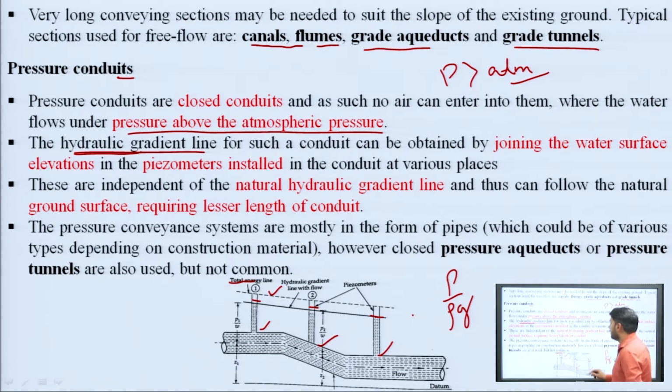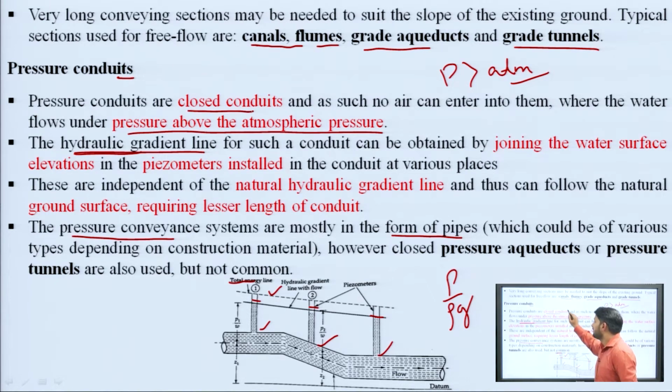The pressure conveyance systems are mostly in the form of pipes. Pressure conduits can be of different materials and they are generally closed conduits.